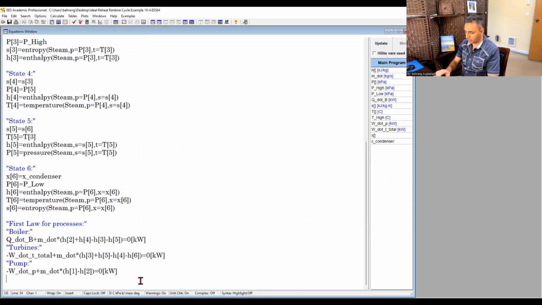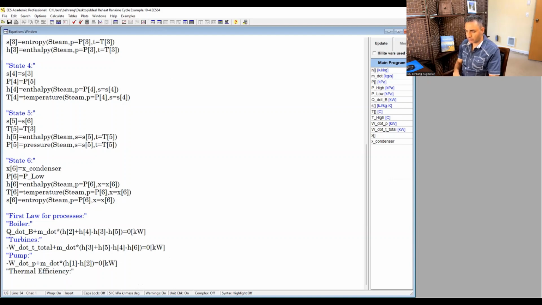So to calculate the thermal efficiency of this cycle, this is how you do it. So W dot net I have to calculate. As I told you before, W dot net is the W dot of turbine, the total value, which is a positive number. You can even add up the W dot of pump because it's already negative. It's going to get subtracted anyways, but just to be consistent with what I showed you, I use the absolute sign, absolute W dot of pump.